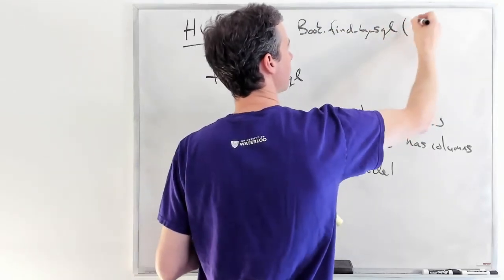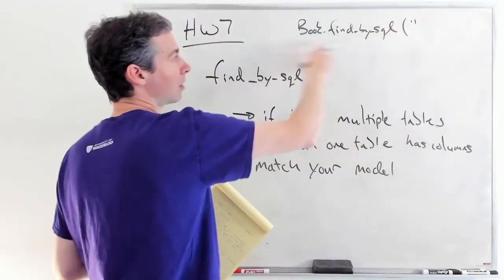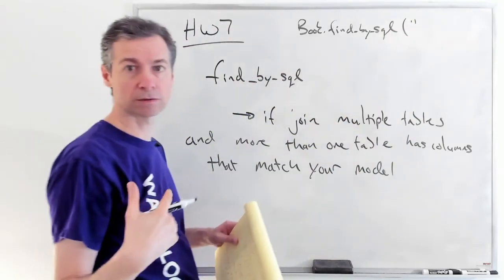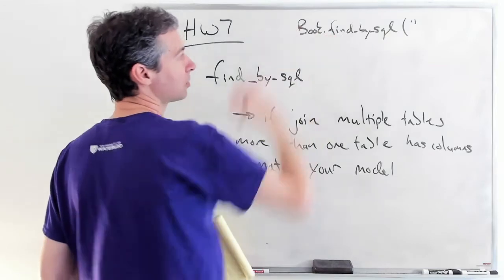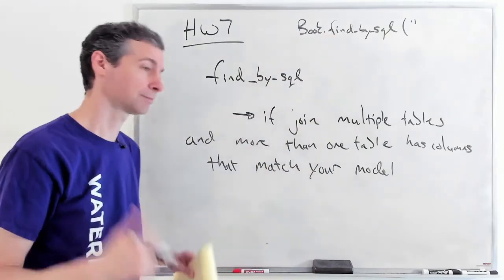You're putting in a query in here, and it's going to return a relation, as you know, a whole bunch of rows. And then that's going to be turned into book objects for you.